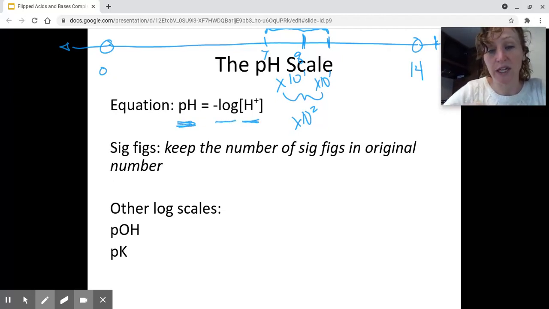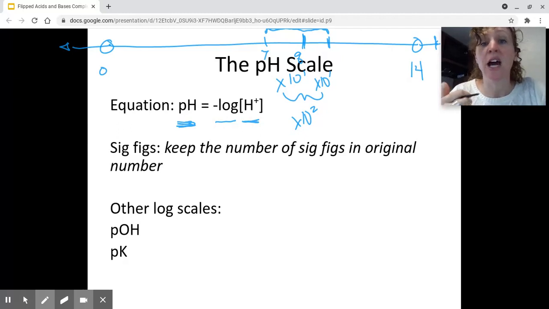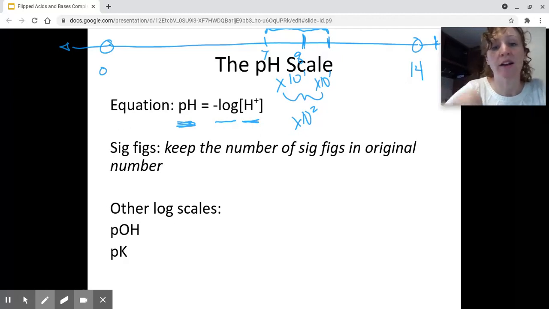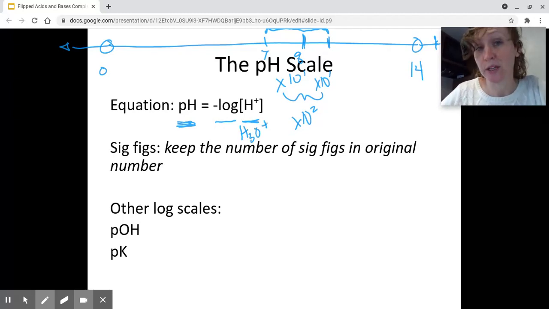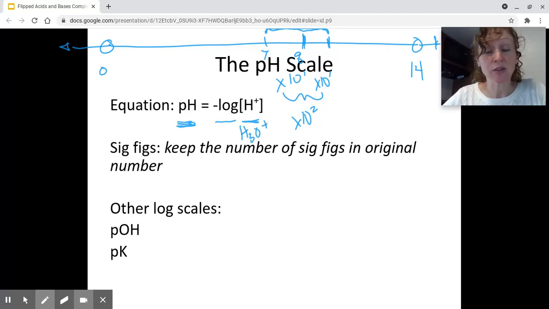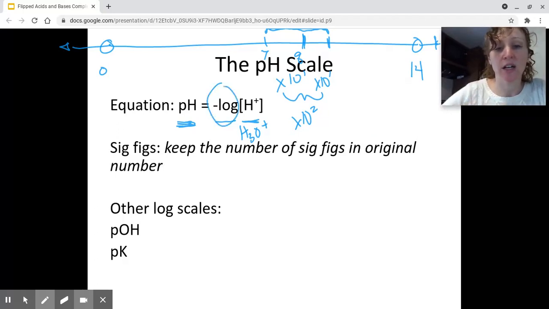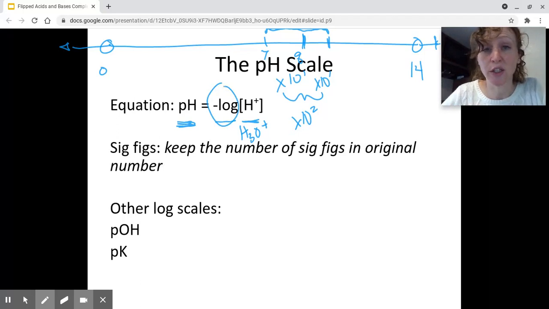Now, pH is a direct value of the concentration of our hydrogen ion, or that would be our shorthand, right? Actually, we're talking about our hydronium ion. So it is reflecting a measurement of the concentration of a hydronium ion. Now notice it's a negative log, so the higher our concentration of hydronium gets, the lower we're going to be on the scale.